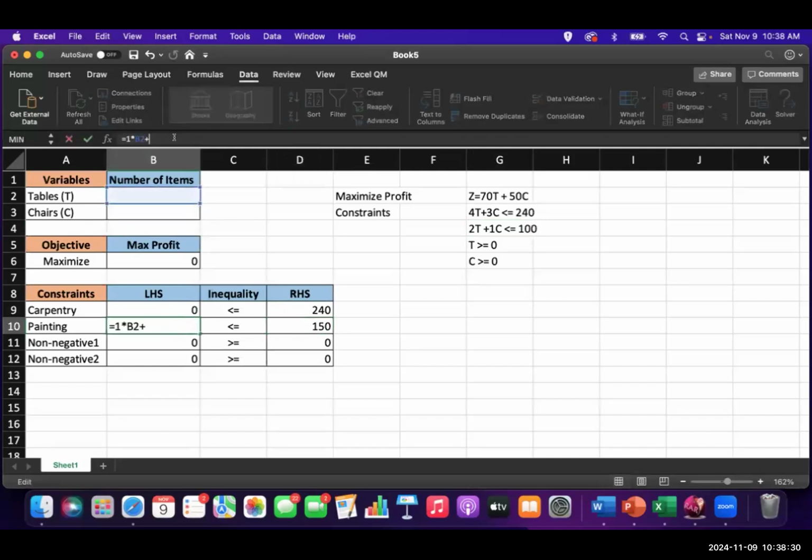Pangalawa, so for the painting constraints, so we have 2T, so 2 times T, then plus 1C. It's just the B3. And then it's less than or equal to 100. And for our negative constraint, so that is just equal to T and greater than or equal to 0.